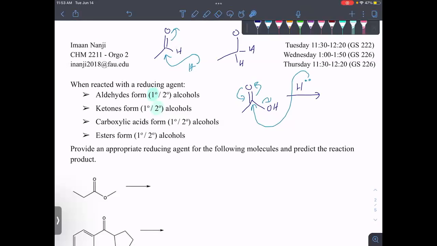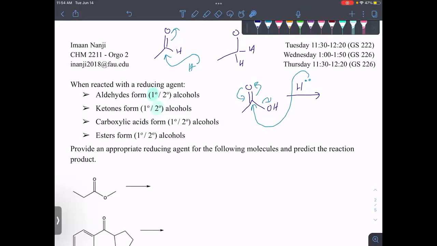So what functional group is the result of that first step? Secondary alcohol, not yet. I heard aldehyde somewhere. That would be right.